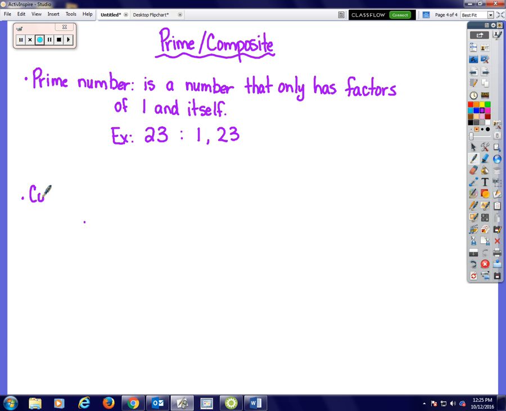So you can probably figure out that a composite number is the opposite of that. It's a number that has more factors than just 1 and itself.